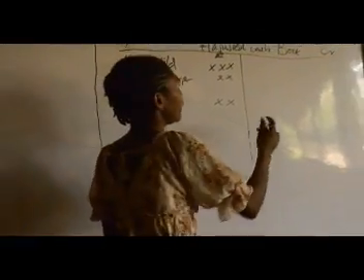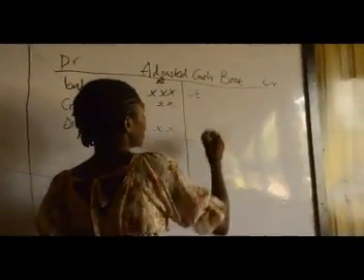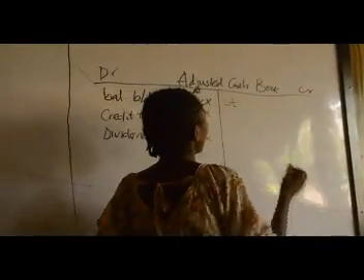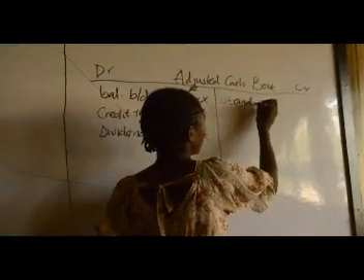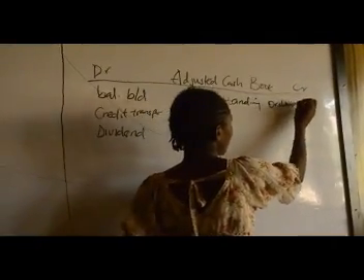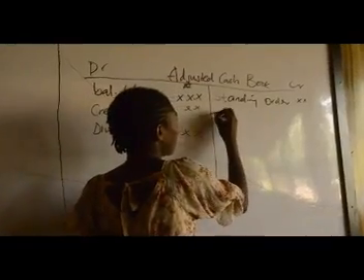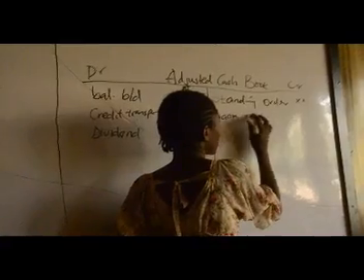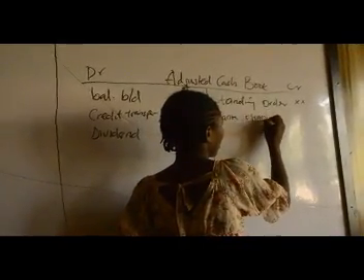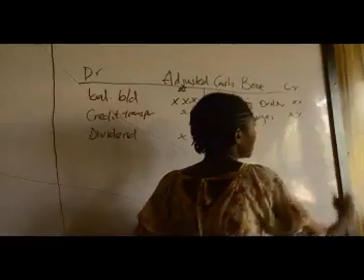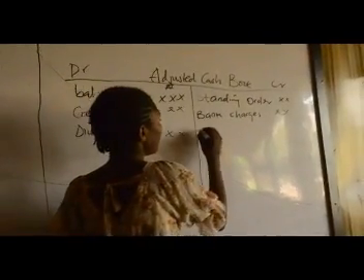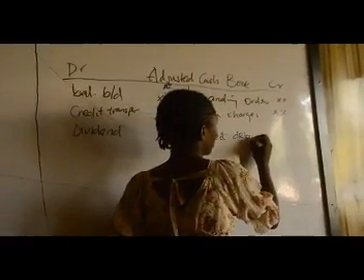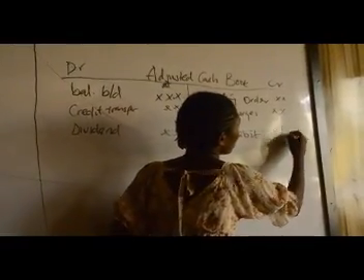Now for our credit side, we have our standing order, which is credited. Our bank charges, which are expenses on the business, are also credited. Maybe your direct debit is also credited.